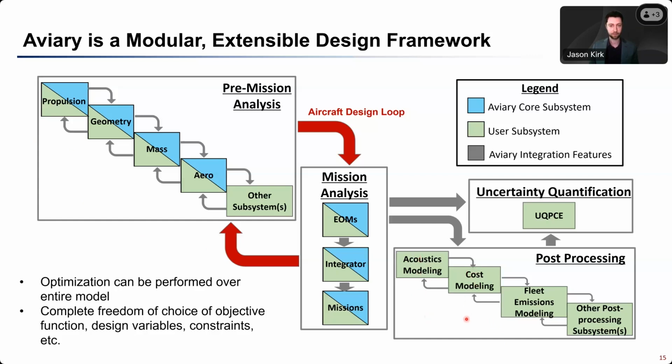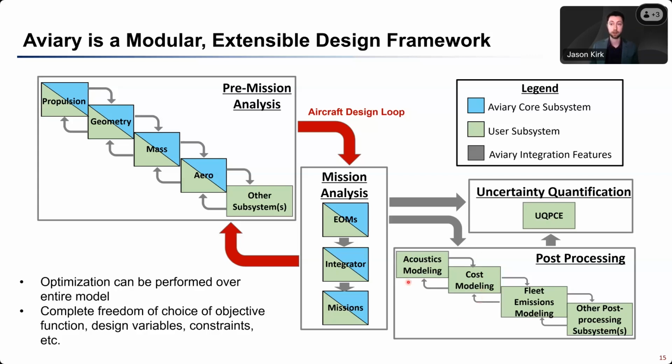And by having everything modularized like this, it actually makes the optimization very powerful, because you have a lot more freedom of choice over how you set up that optimization. You can choose any objective function, any design variables, any constraints, including variables that you have added to the model through adding your subsystems. So what I mean by that is, if you add in a cost model, you can now optimize the entire aircraft to minimize cost.